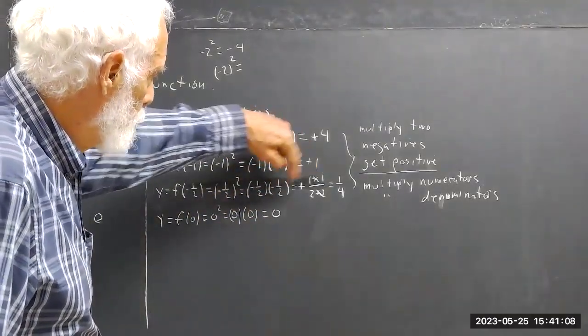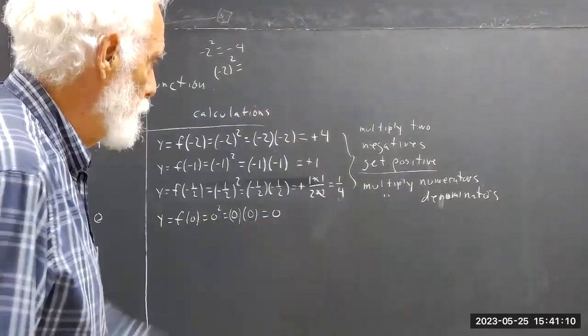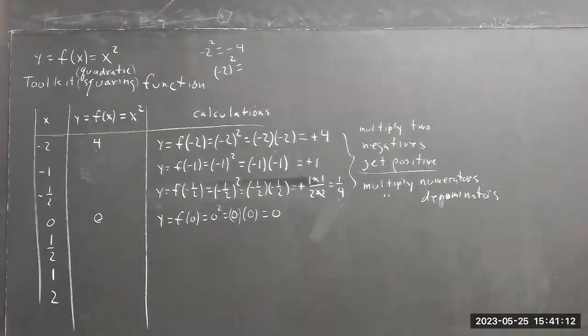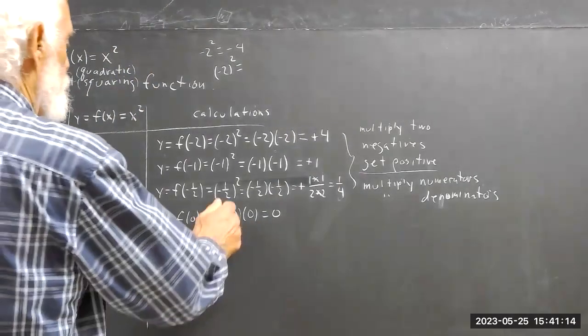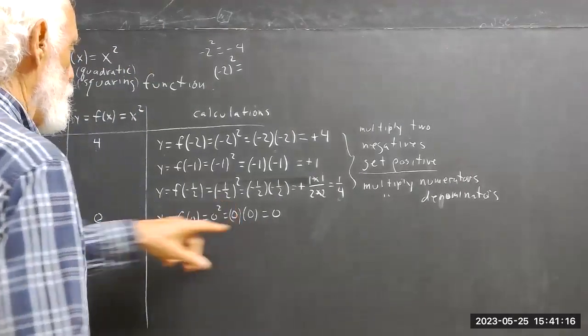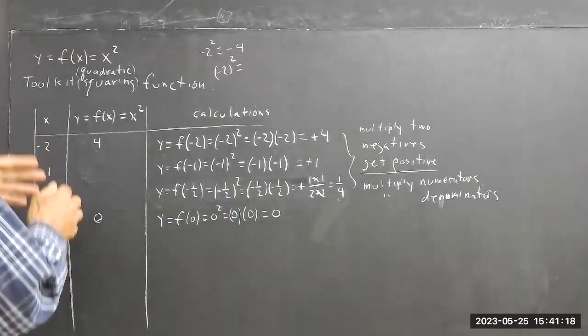Positive numerator times numerator, denominator times denominator gives 1. Okay. Well, anyhow, down here, 0, we get 0. So let's fill in our results.